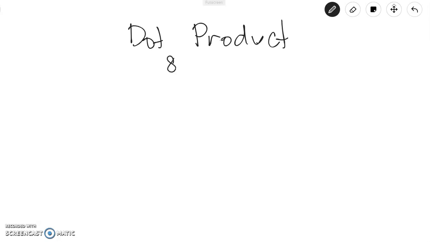Okay, good day everyone. Today we're going to discuss the dot product. The dot product is chapter 8.4 or unit 4 of Algebra 2.